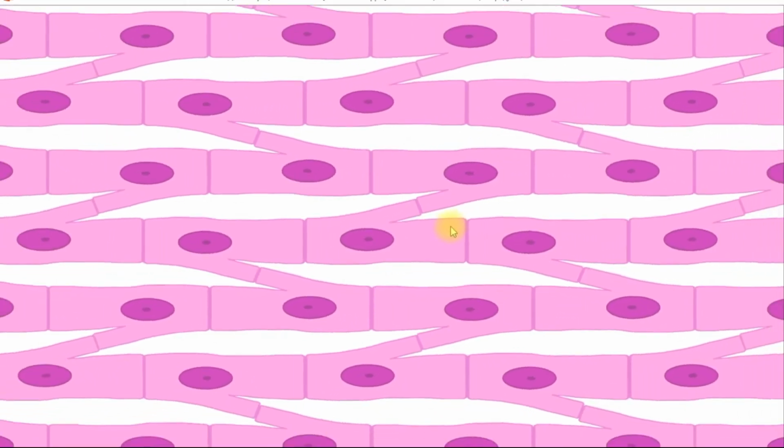So we describe the structure of cardiac muscle as an anastomosing and branching structure. And here we can see the pattern of organization of the cardiac muscle. All cells are connected with each other. Why do we have this network in the heart? Because we need contraction of all cardiac myocytes at the same time. You know that there are two phases of the work of the heart, systole and diastole.